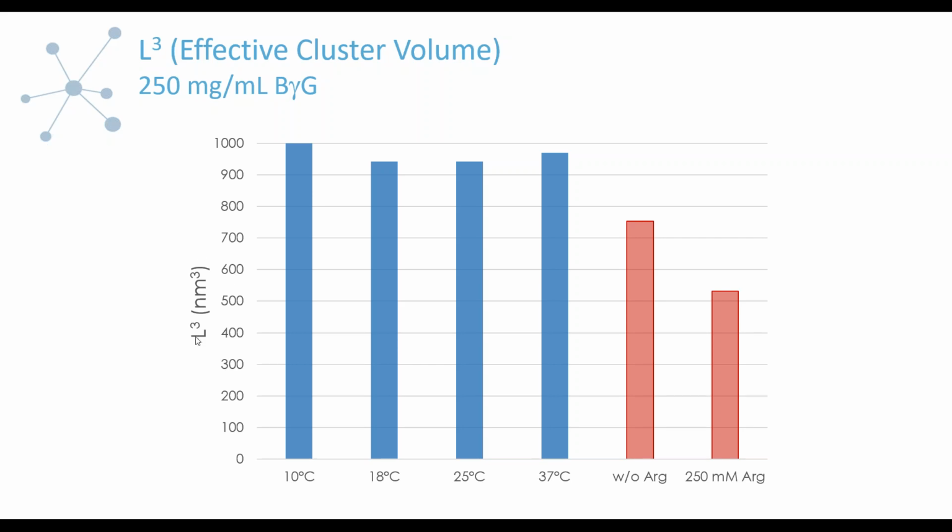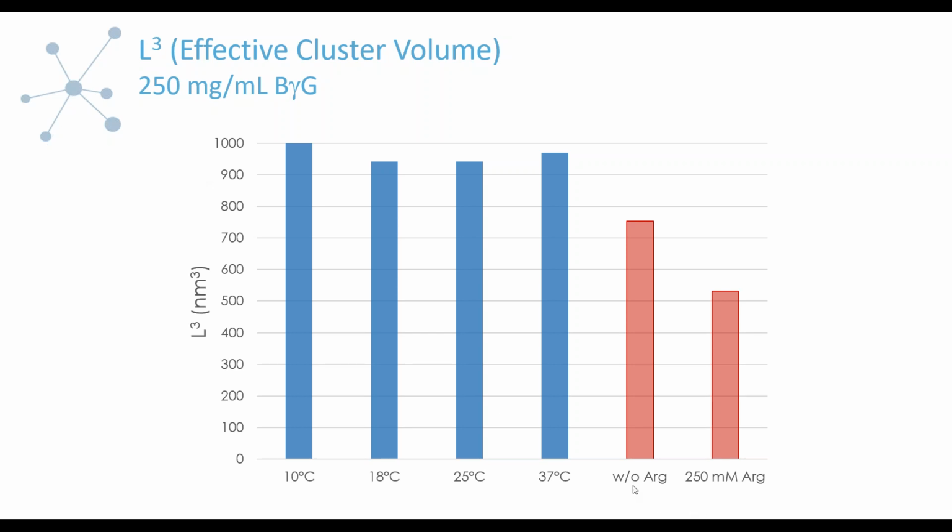What we're looking at here is this cluster volume as a function of what we're varying. If you look at the temperature variation, you can see that there's no clear trend as we vary temperature. In fact, the variation is quite minimal and likely within the error of this analysis and how we actually select this length scale.